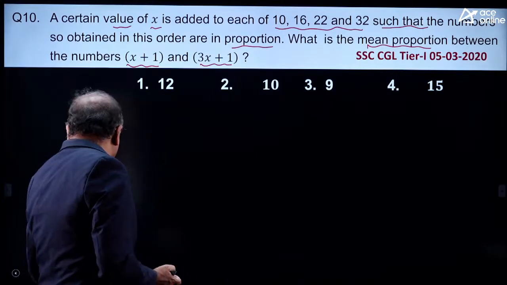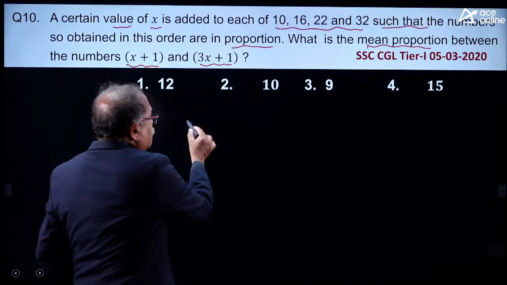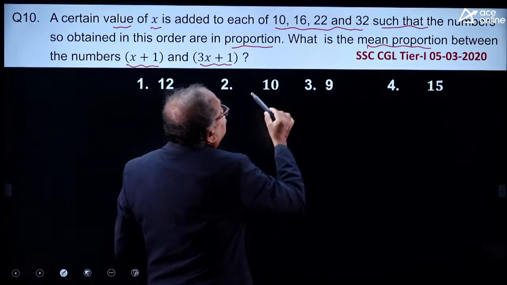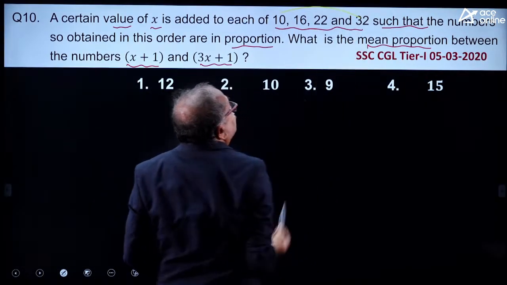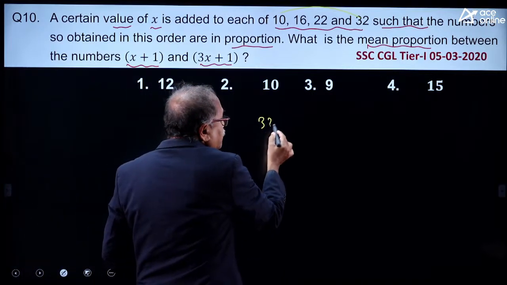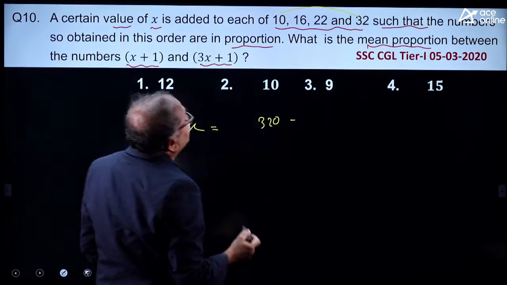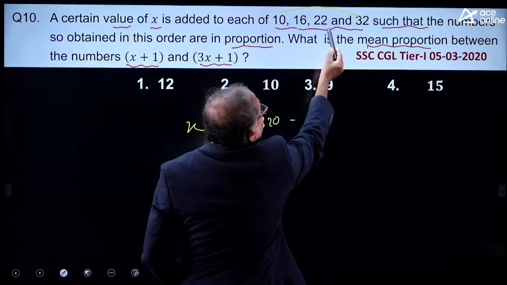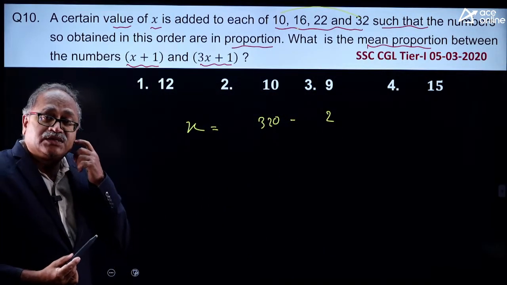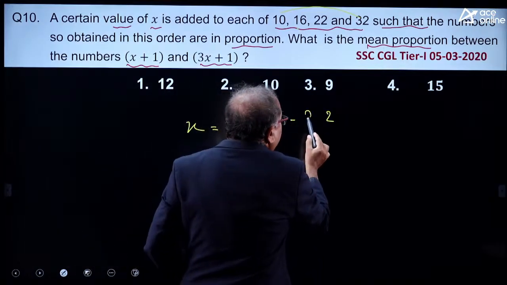So nice. So what I am going to do is, I am going to apply the second method only. What is x over here? The x is the product of two extremes, that is 10 into 32, that is 320 minus the product of these two, 16 into 22, 16 2 is 32, carry 3, and again 32 plus 3 is 35, 352.